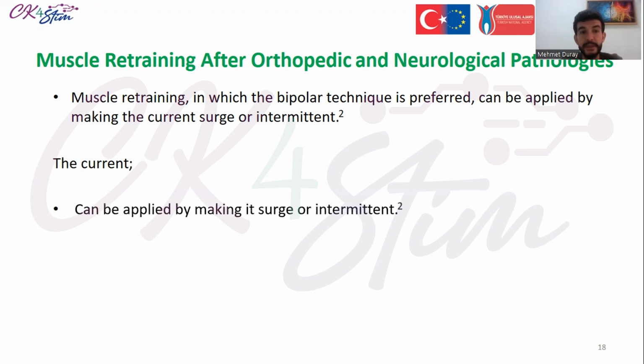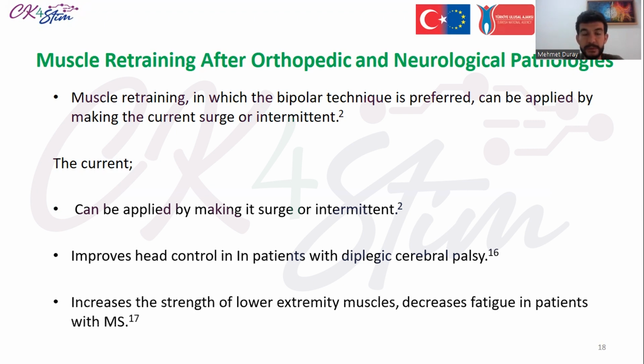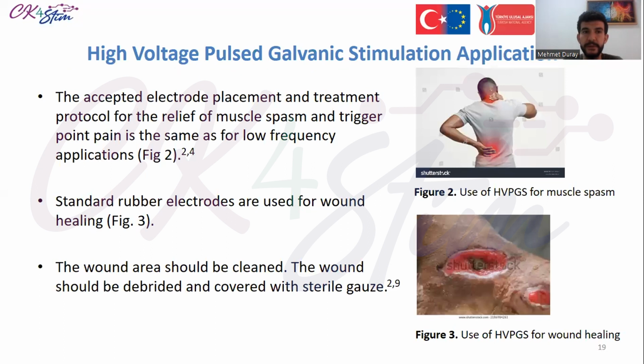It was reported that the current improves head control in patients with diplegic cerebral palsy, and increases the strength of lower extremity muscles and decreases fatigue in patients with multiple sclerosis.